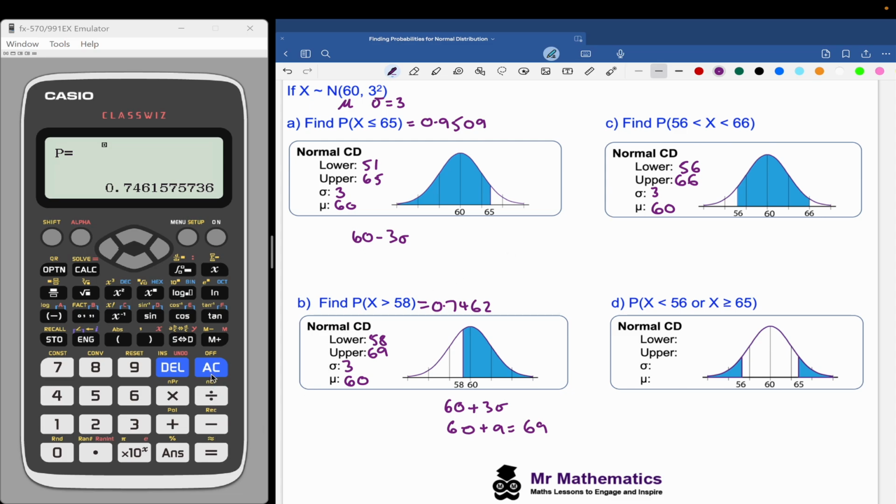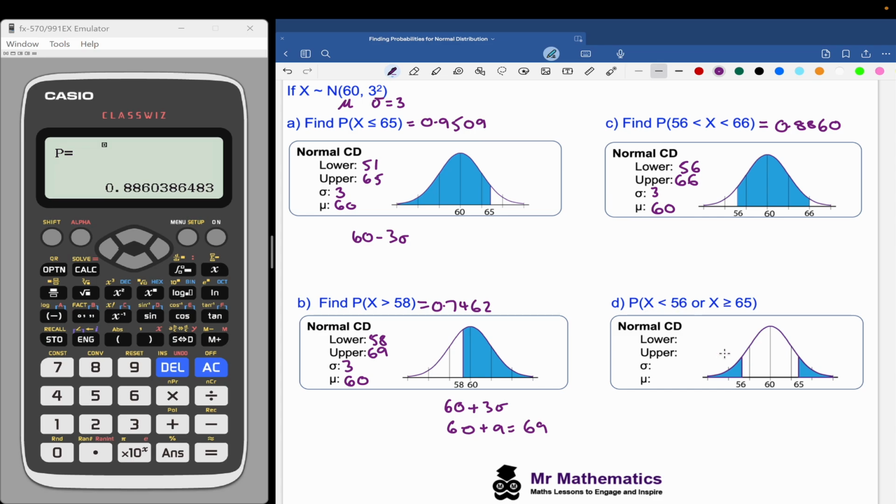Putting this into our calculators, and we get a probability of 0.8860 to 4 dp.